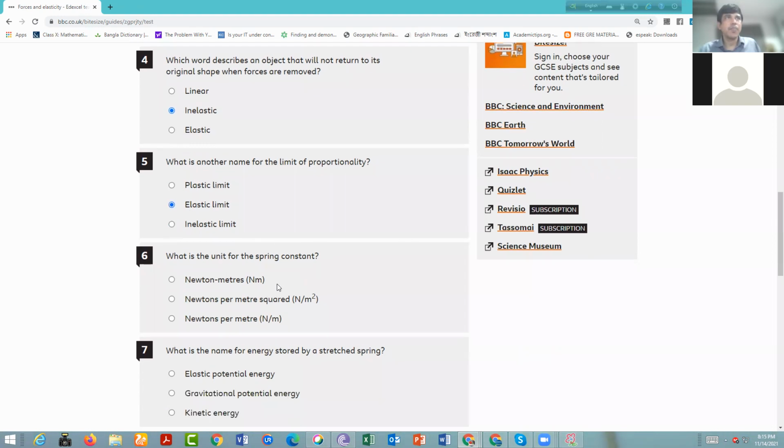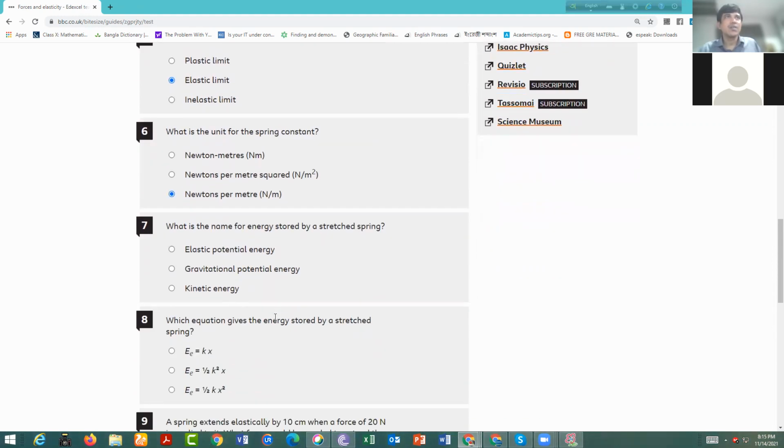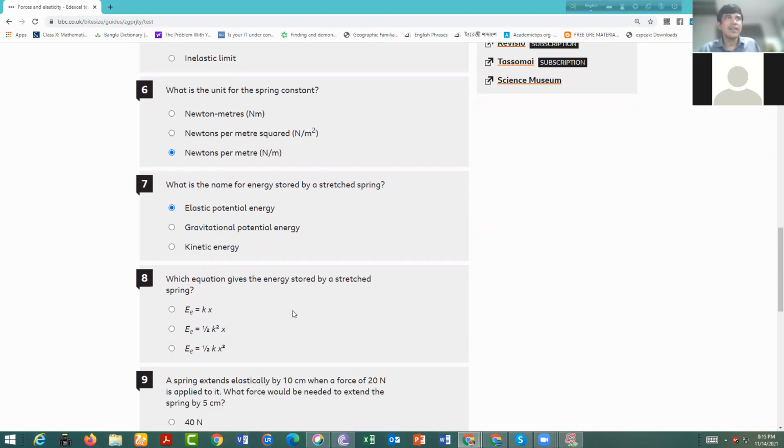Elastic limit. What is the unit for the spring constant? Newton per meter. Super. What is the name of the energy stored by a stretched spring? Elastic potential energy. Exactly.